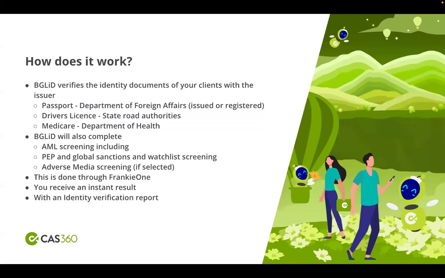So what we're actually doing at the back end is checking if there's any media databases or articles that is flagged for PEP or global sanctions. And you also get a link to that article as well. So if there's any adverse media on that individual, you will get a link to that media article. You will be able to actually read that media article.